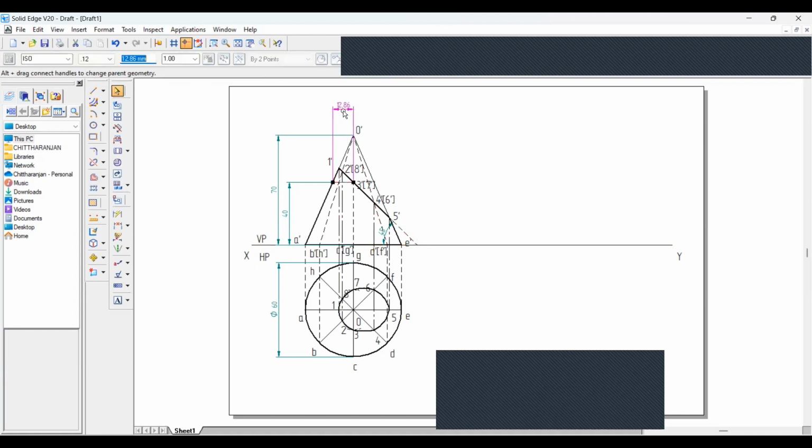Delete this. Now draw a line with the continuous line with the 0.35 axis, same as this line. It should be 45° according to this cutting line.